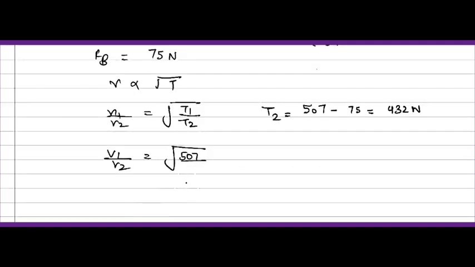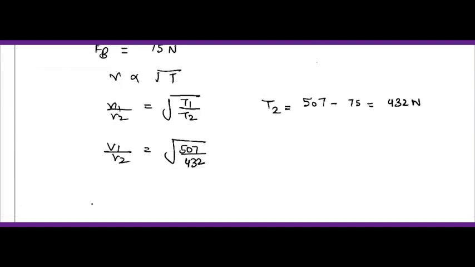So if we put 432, we get f2. Frequency f2 is f1 multiplied by the square root of T2, that is 432, divided by 507.